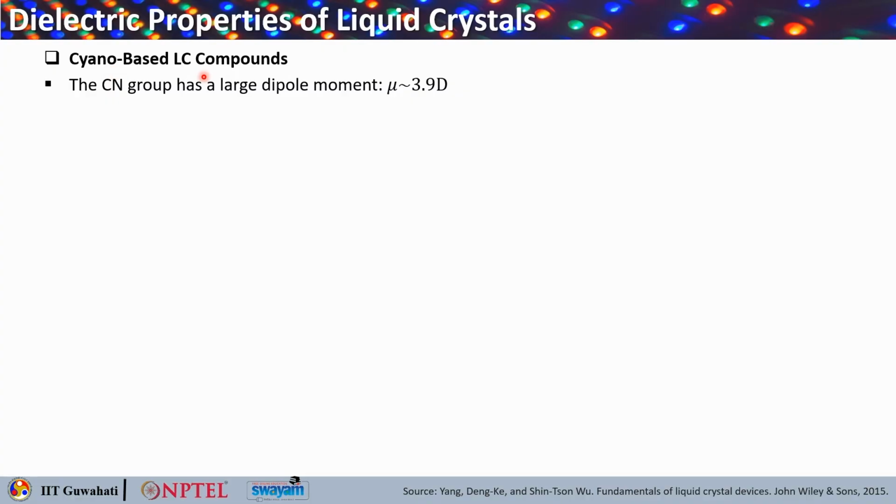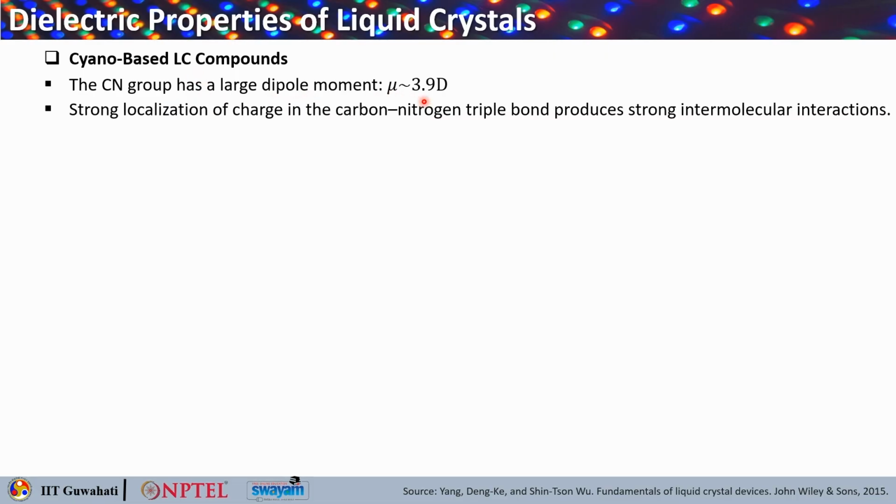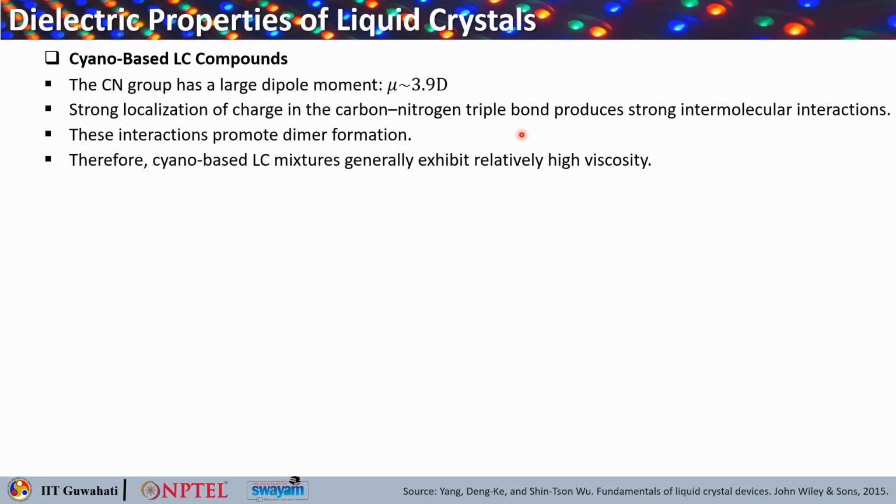For the cyano based liquid crystal compounds, they have a large dipole moment, 3.9 D. The strong localization of the charge in the carbon nitrogen triple bond produces strong intermolecular interactions, and these interactions promote dimer formation.